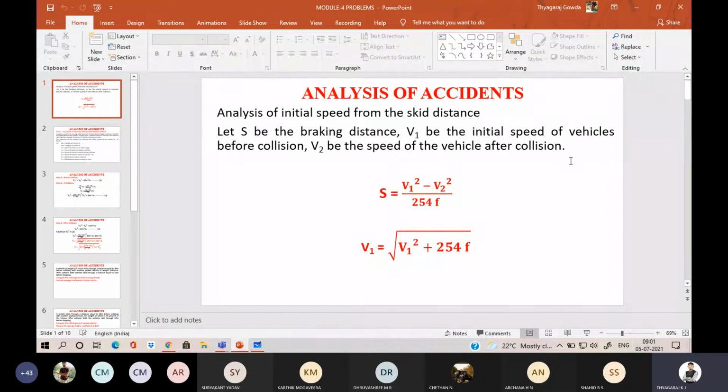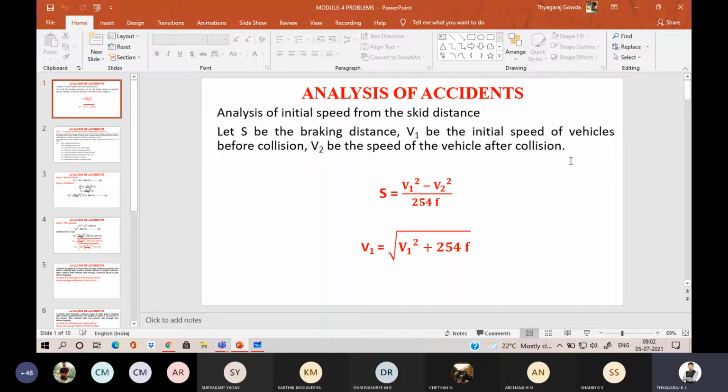Then collision because of vehicles coming in the opposite direction at an intersection, and rear end collision. Today we will be solving some problems on type 1, that is when the moving vehicle collides with the parked vehicle.